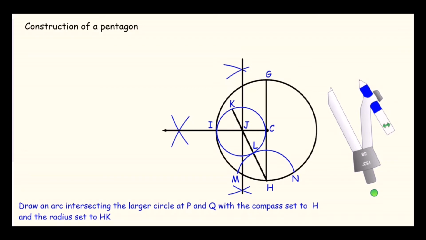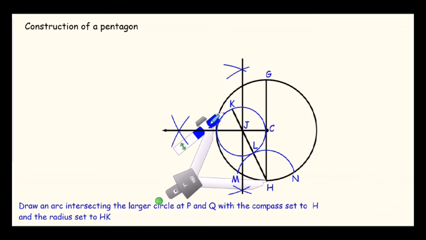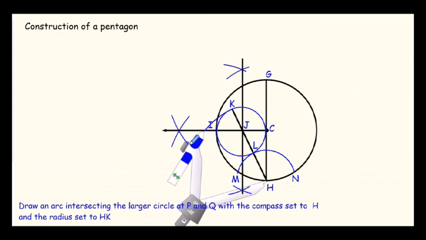Draw an arc intersecting the larger circle at P and Q with the compass set to H and the radius set to HK.